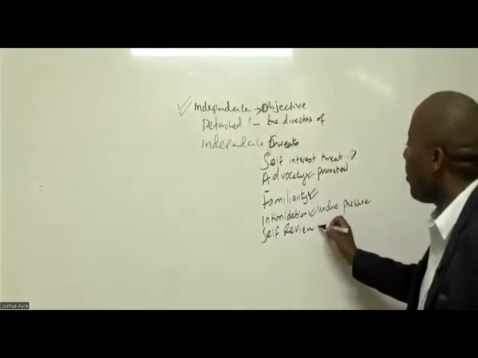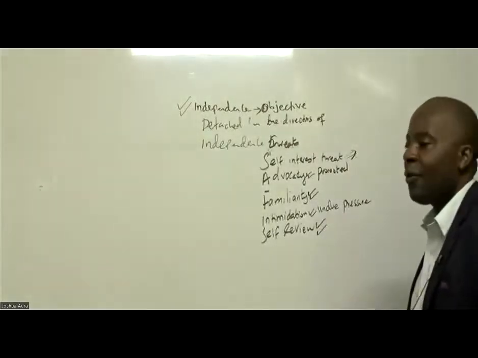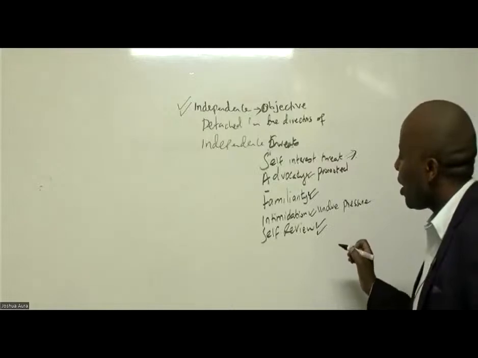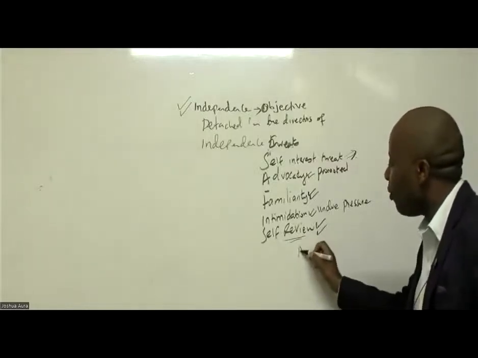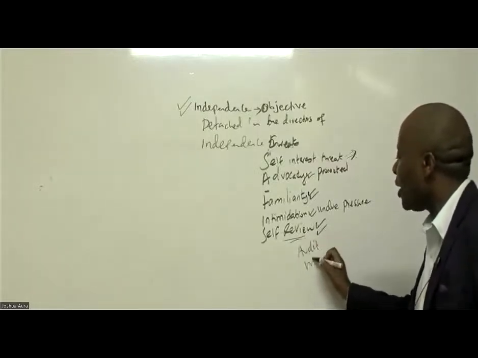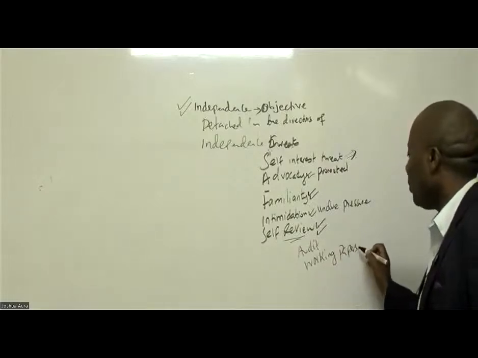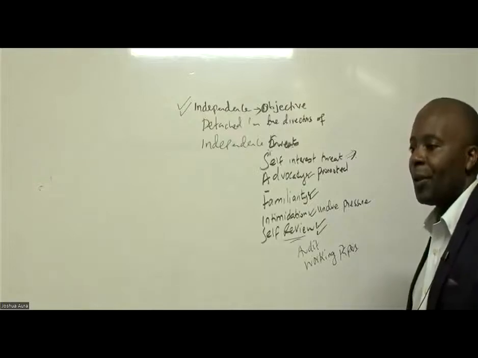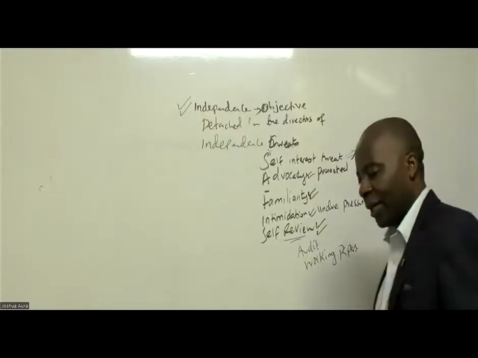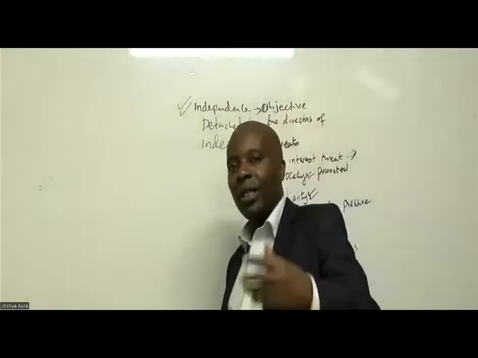So then we have self-review. Self-review, ladies and gentlemen, normally how does it happen? When you are doing the normal audit, you are producing what we call working papers. So, for example, we produced a working paper regarding the payroll in the previous periods.